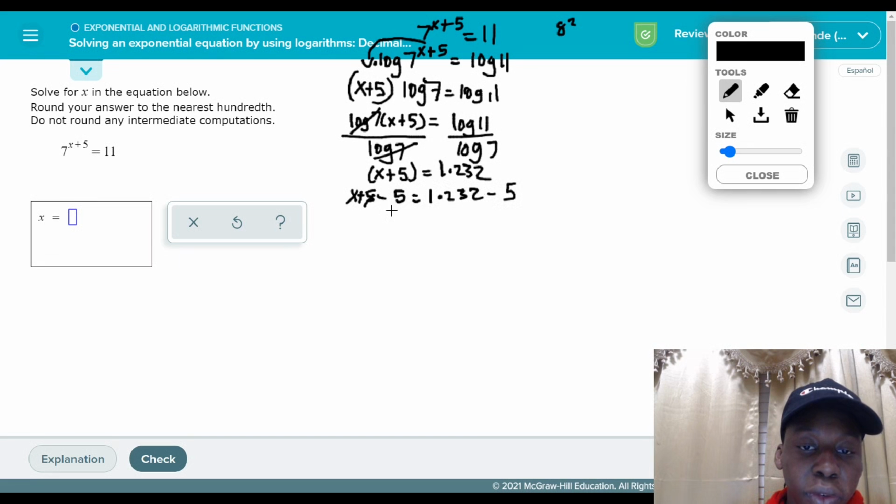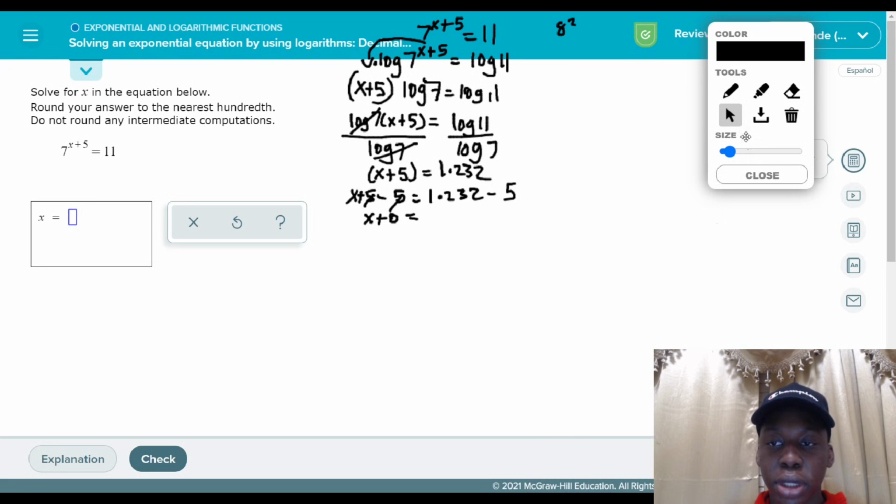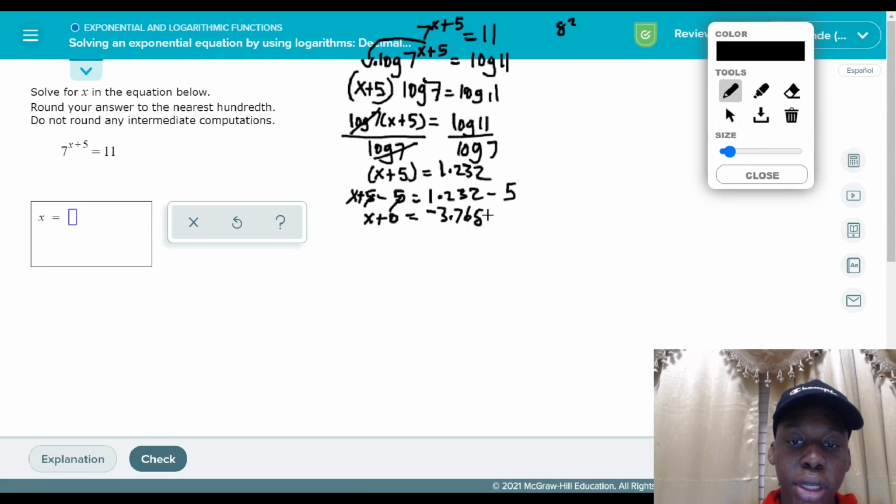Plus 5 minus 5 is 0, so x plus 0 equals 1.232 minus 5, which is minus 3.768. So x equals minus 3.768. This is the value for x.